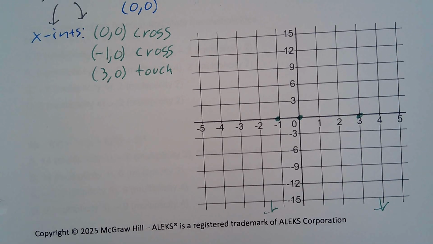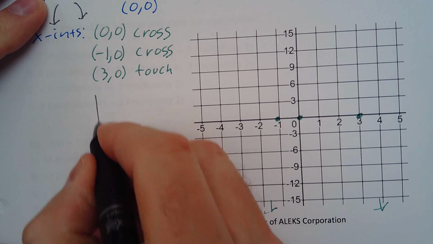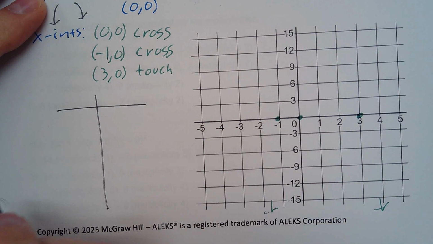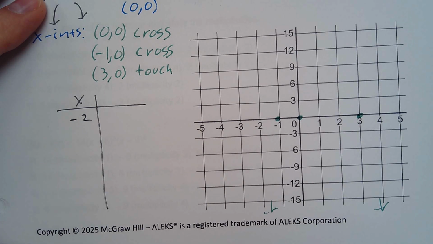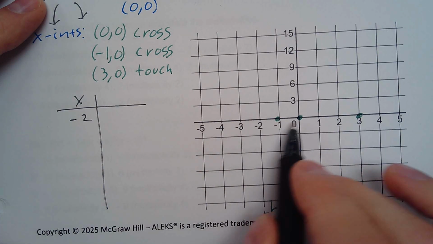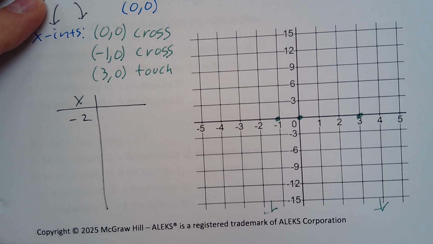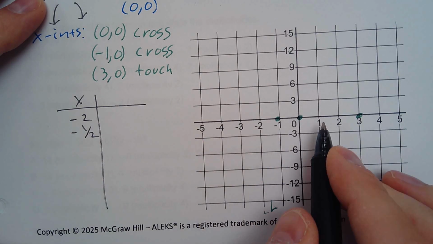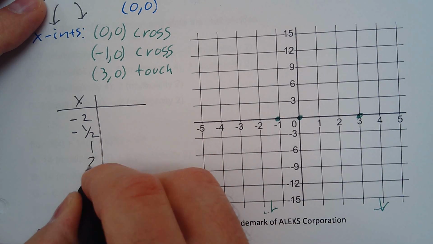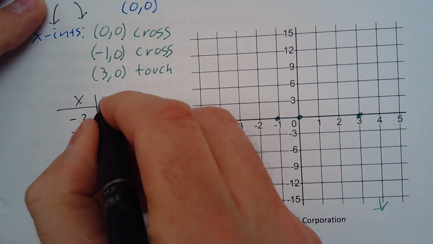So let's go ahead and make a table. So let's do negative 2. I probably want to do a point in between here. So how about a negative 1/2? And we can do 1 and 2 and 4.